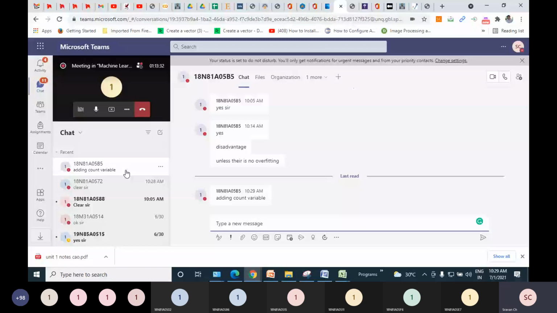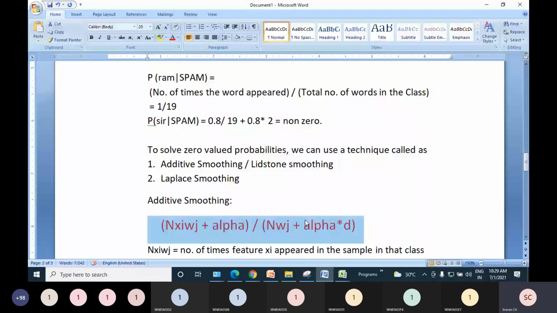We are just trying to make it a non-zero value, that's all, right? So that is additive smoothing. And another technique is there, Laplace smoothing, right? The only difference between additive smoothing and Laplace smoothing is, in additive smoothing, alpha will be less than 1, and in Laplace smoothing, alpha will be equal to 1.